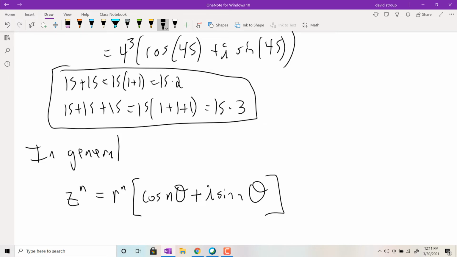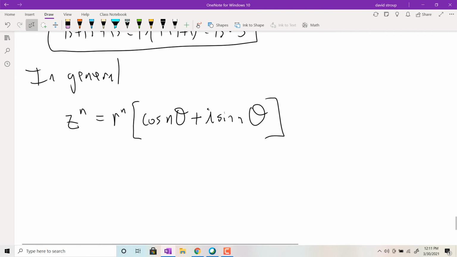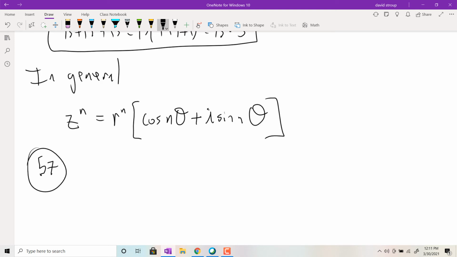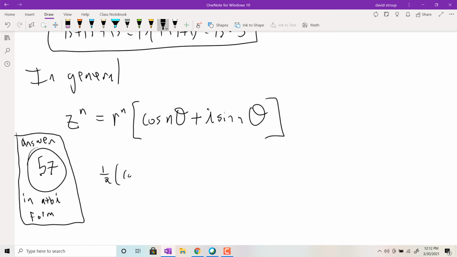Okay, so let's do one of those and see how it works. So number 57, they want us to write our answer in rectangular form. So put answer in A plus BI form. Okay, but anyways, 57, they want us to take 1/2 times cosine of pi over 12 plus I sine of pi over 12 and raise all of that to the 6th power.